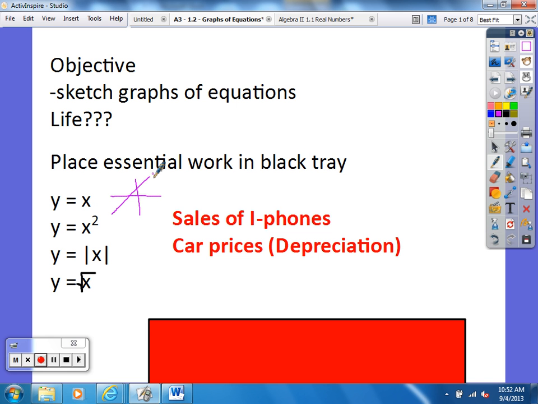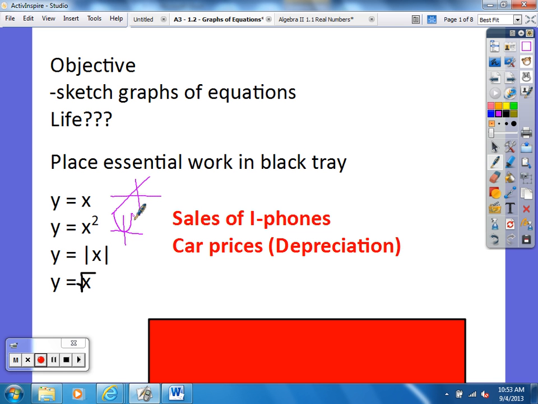Okay, somebody else raise your hand. Tell me what the second graph looks like. Perfect. Good vocab word too. Parabola. U-shape. All right, Ryan, you actually looked at this next one.